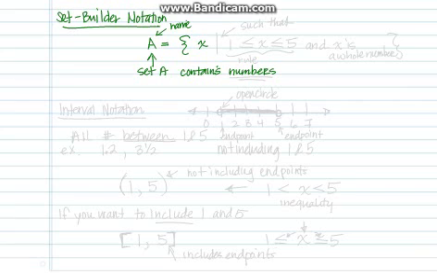I write this bar to mean such that, and then state my rule. My rule is that it's a number between 1 and 5, which I can write using inequalities: x is smaller than or equal to 5, but at the same time greater than or equal to 1.